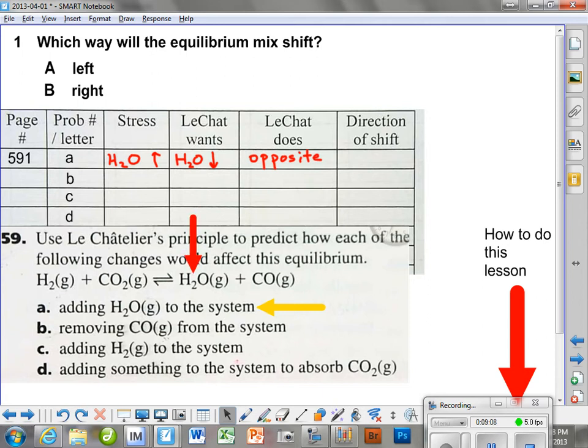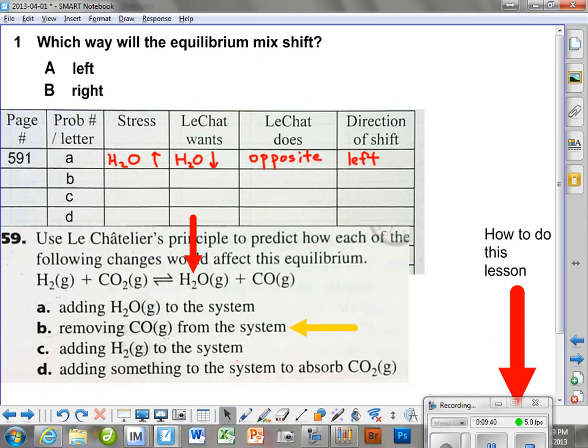So since water is on the right side, the shift would be to the left, the opposite side. So he's going to do a left shift, and that will decrease the water, because when we go opposite of whatever side the stressor's on, that will give us the shift that will decrease the amount of that stressor. All right, and let's go on now to the second question.